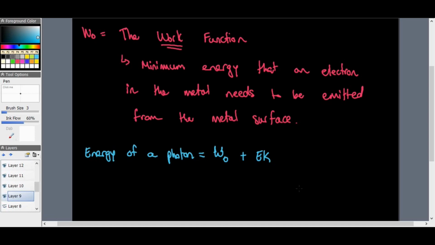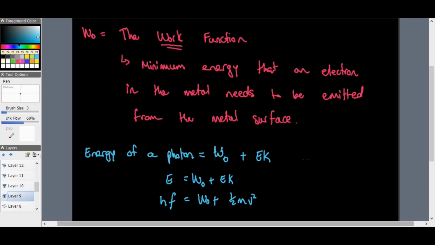Basically, E is equal to W0 plus EK, but E is also equal to hf. So Planck's constant times the frequency is equal to the work function plus the kinetic energy. That is obviously half mv squared, which is the kinetic energy of the photoelectron emitted from the surface of the metal.